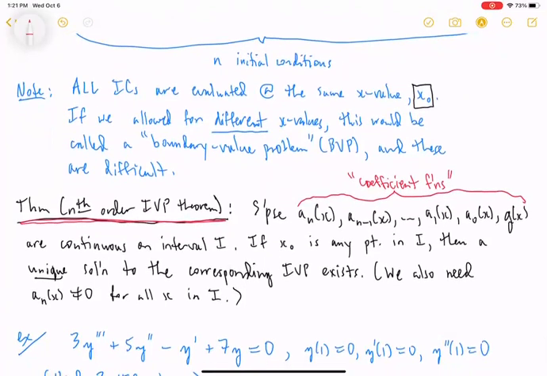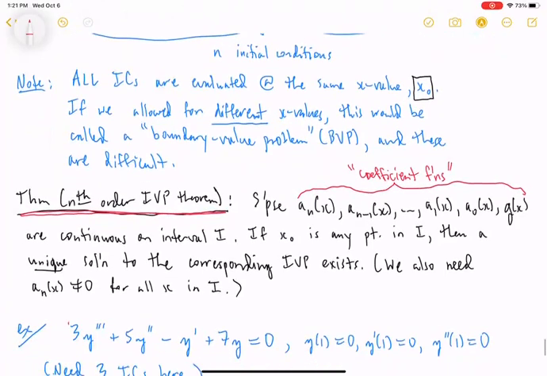Here's an IVP. What kind of an IVP is this? It's a third order linear IVP.